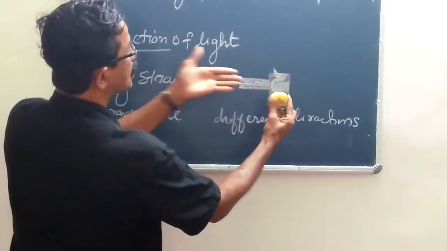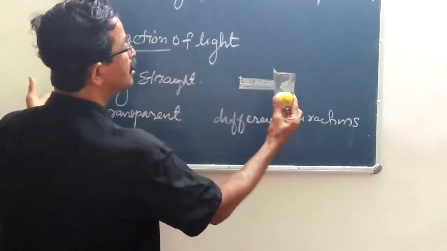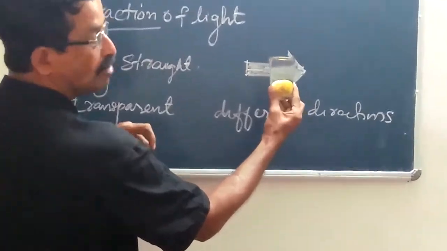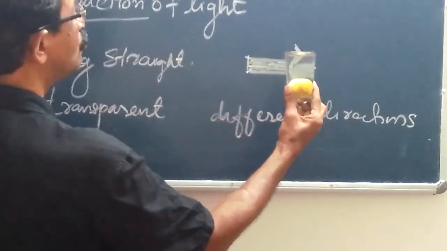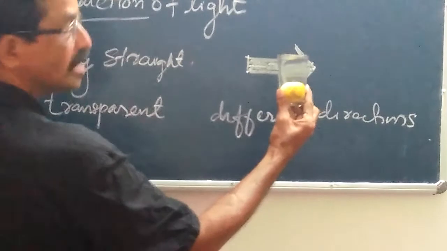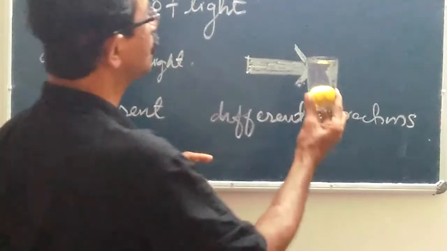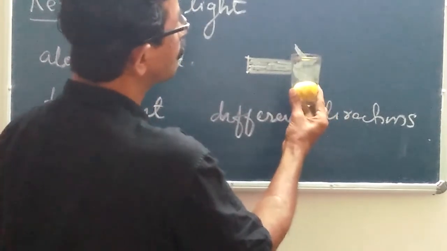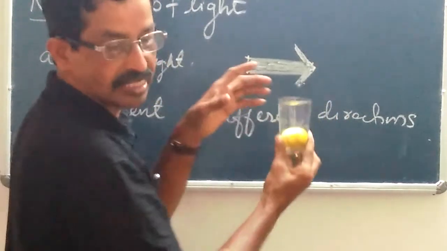Here the arrow mark is going from left to right, but when it is viewed through water, it is from right to left. This is also due to refraction of light.